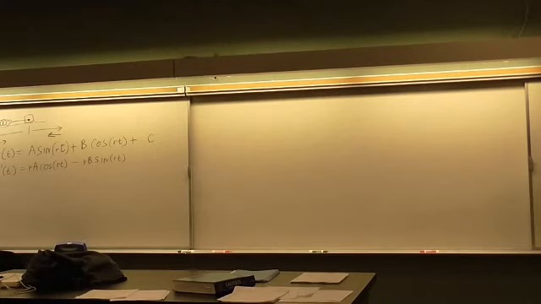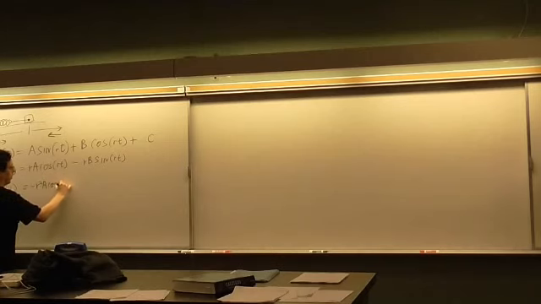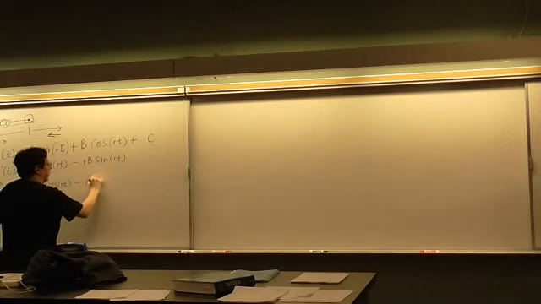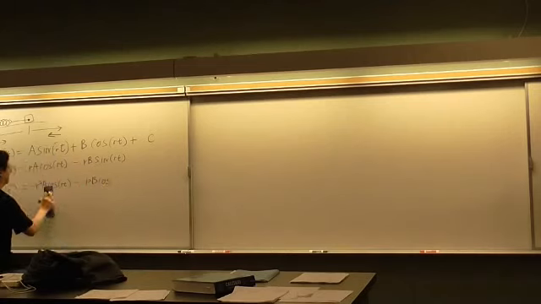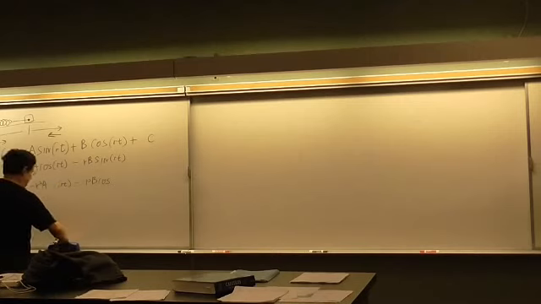And now we're going to repeat that because we're looking for the second derivative. So for the second derivative, again, we go through the same process. Now we get negative r squared a sine rt, minus r squared b cosine rt. I changed the sign here.